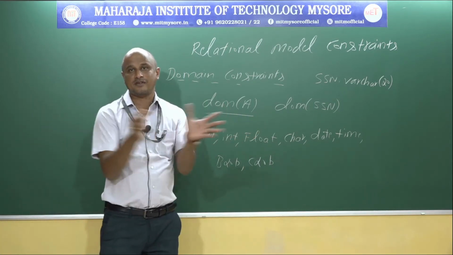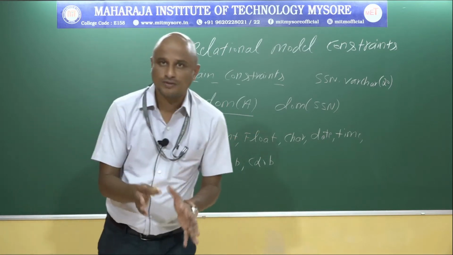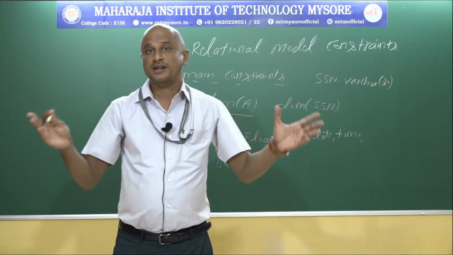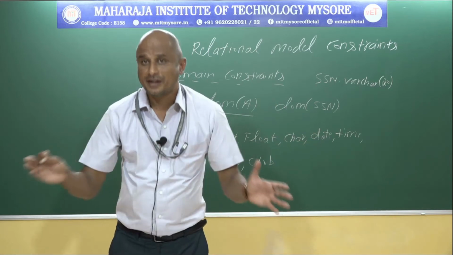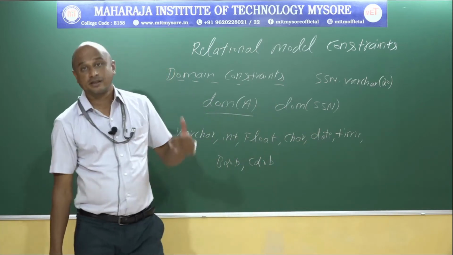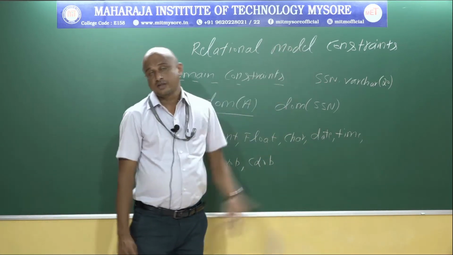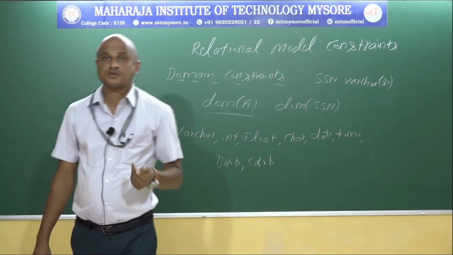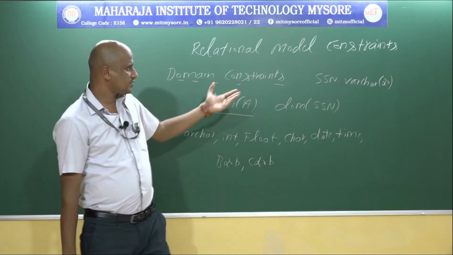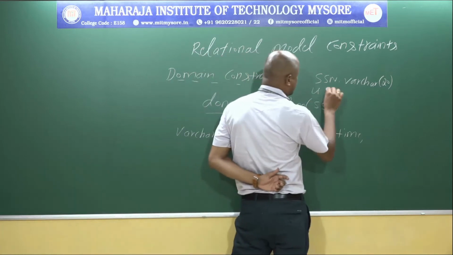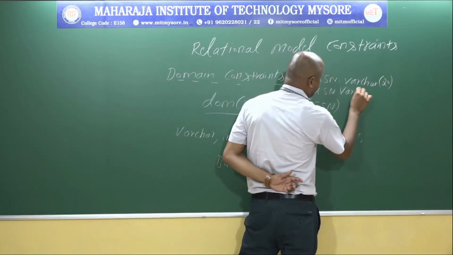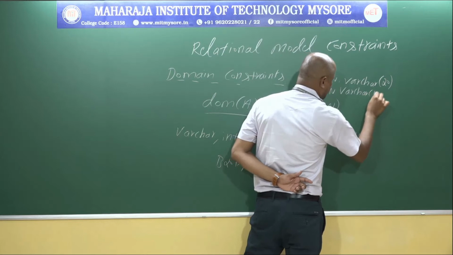I am defining the length of an attribute that can be entered in the tuple. If I consider USN, it comes with length 10, okay. So, the domain of USN is varchar 10.